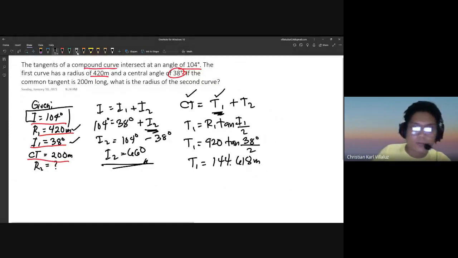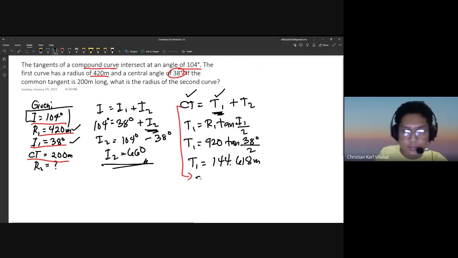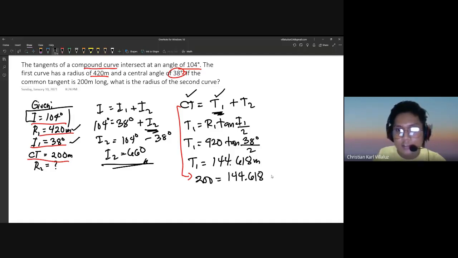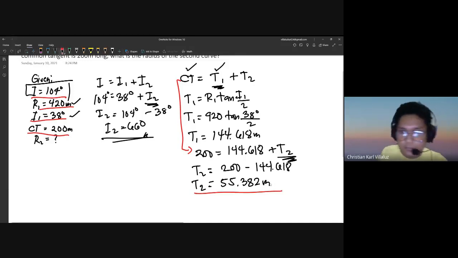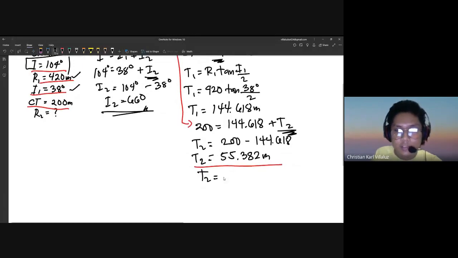So, balik tayo dito. Common tangent, substitute na natin, which is 200. Substitute na rin natin yung tangent 1, 144.618 plus t2. Pwede na natin mahanap yung tangent 2. So tangent 2 therefore is 200 minus 144.618. So subtract the 2, we have 55.382 meters. So from tangent 2, doon na natin madiderive o makukuha yung radius ng pangalawang curve kasi T2 is R2 tangent I2 over 2.